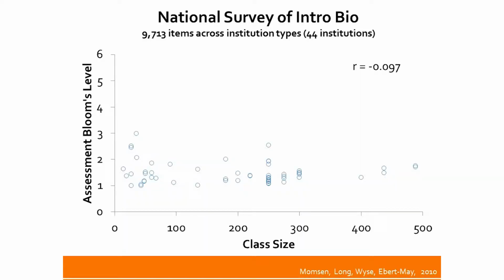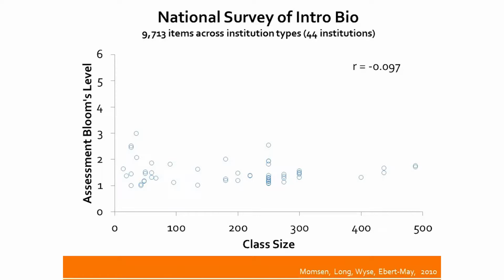We actually collected assessments from about 100 or so instructors across 44 institutions, I believe, close to 10,000 items that we rated for Bloom level, and we evaluated the items for the relationship or the correlation to class size. And what we found here is obviously there was no relationship whatsoever.